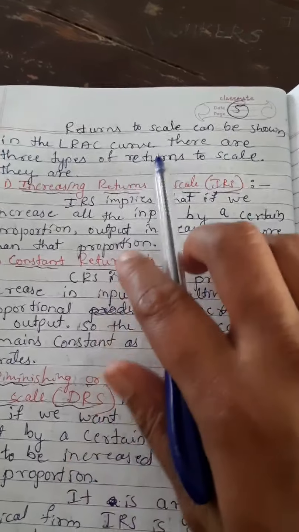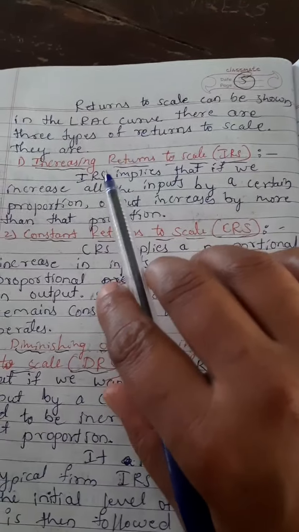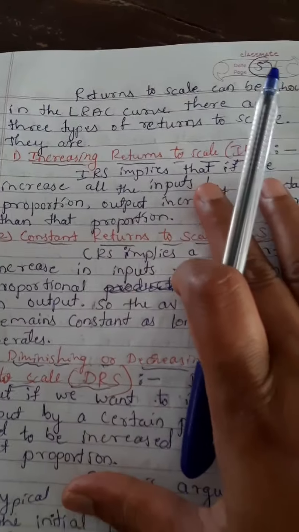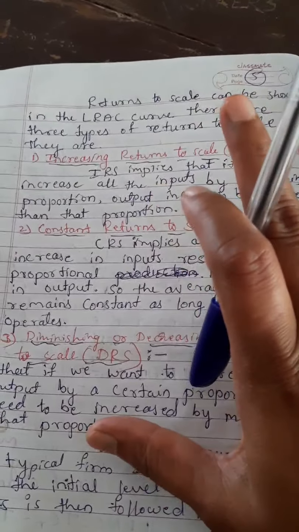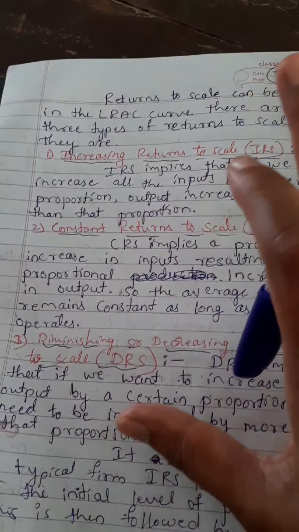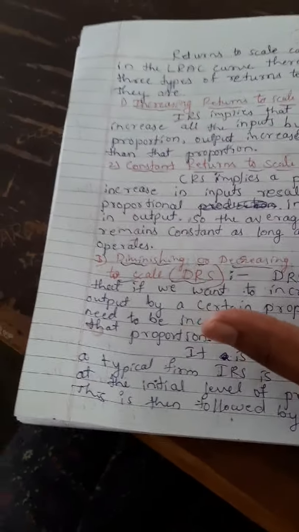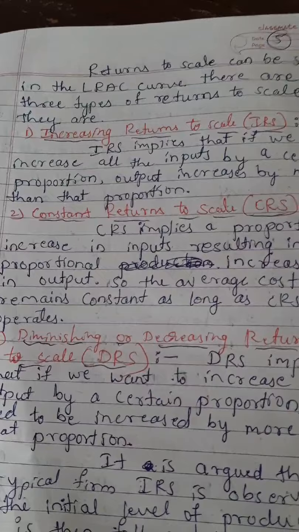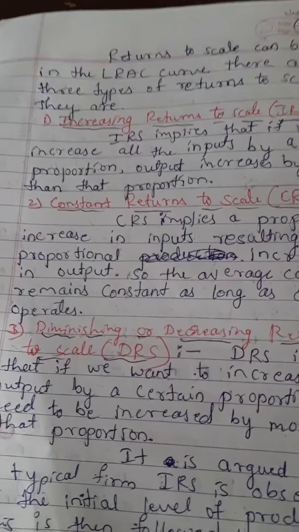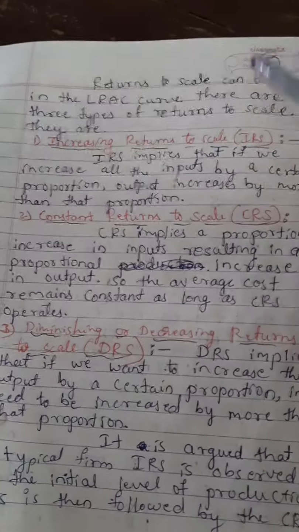And these are returns to scale. It means in the long period we know that there are three types of returns. Here, as in production, we have studied the returns to scale: increasing returns to scale, constant returns to scale, and diminishing or decreasing returns to scale.